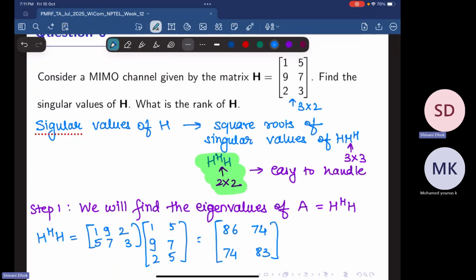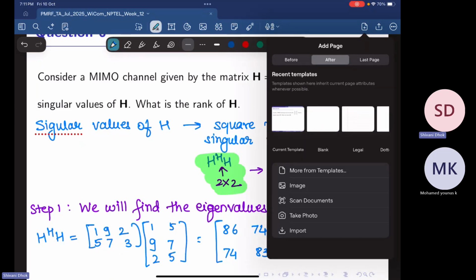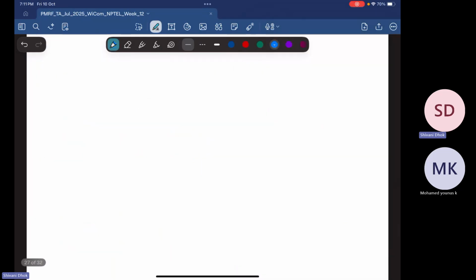And now what we need to do is find the eigenvalues of this matrix. This is my A. And how do you find eigenvalues of a matrix?